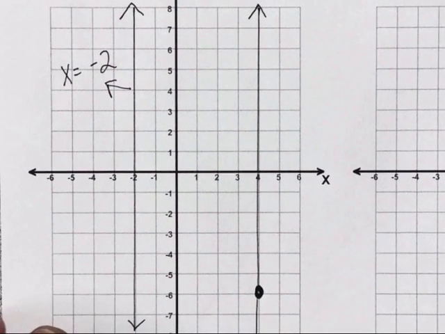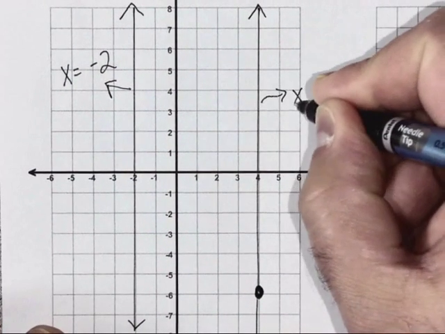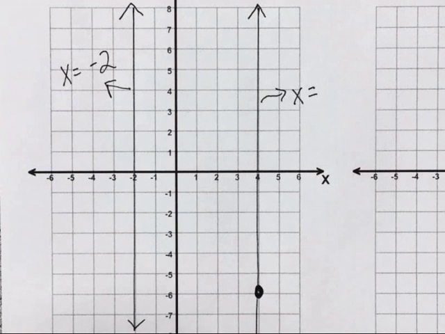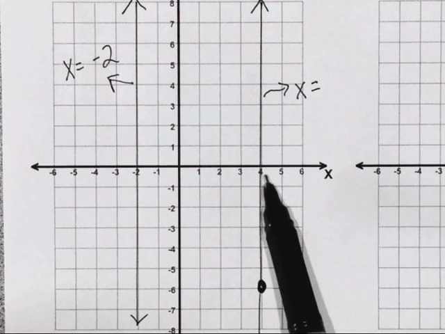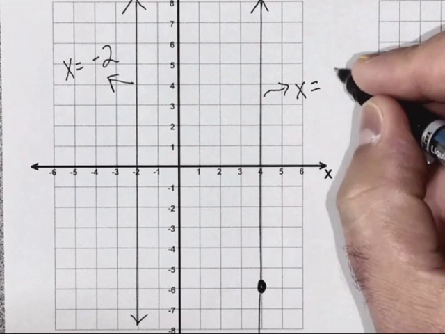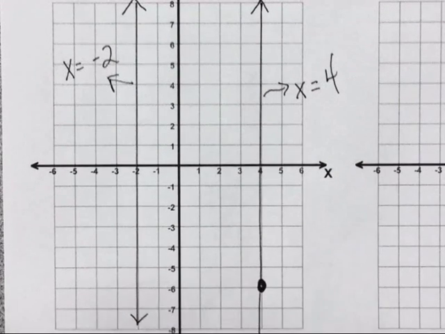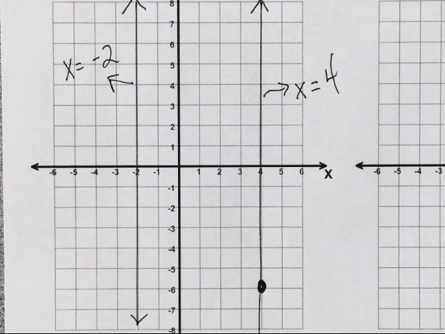Well, it's a vertical line. So I know it's going to be x equals some constant, and that number is where that line crosses the x-axis, which is 4. So x equals 4 would be the equation that goes through that point 4, -6, and it's parallel to this line, x equals -2.